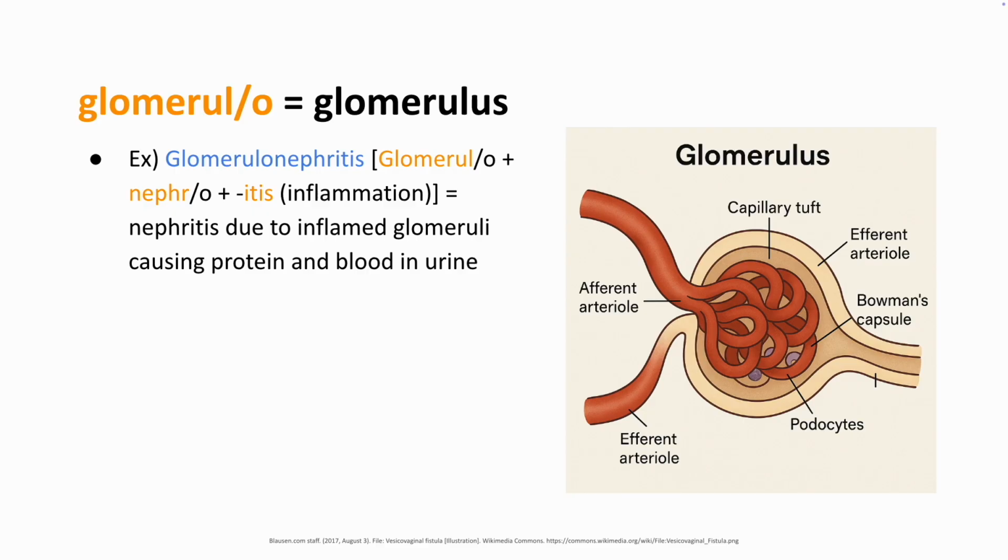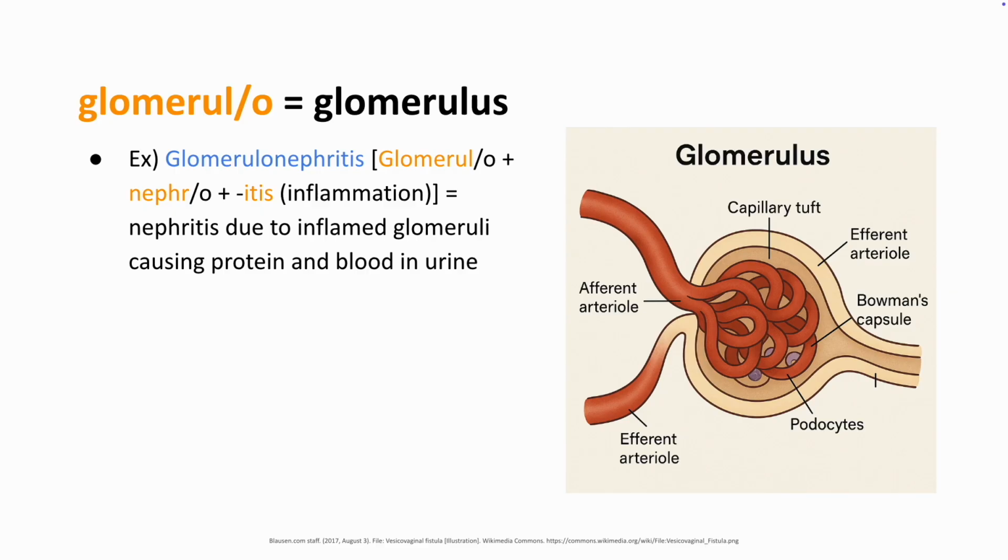Basically this surrounding structure is called Bowman's capsule. It's basically like a muscle structure, and it will squeeze your glomerulus, which is this ball of artery, to squeeze out the blood and filter out everything first, including your nutrients, vitamins, things that are necessary.